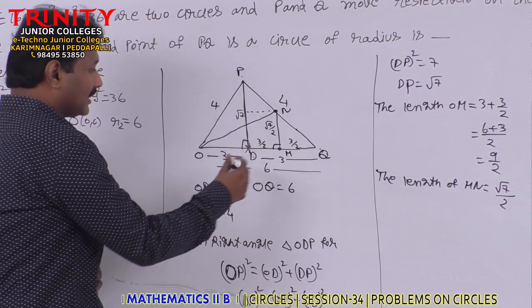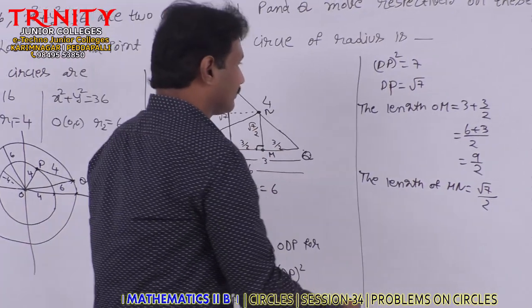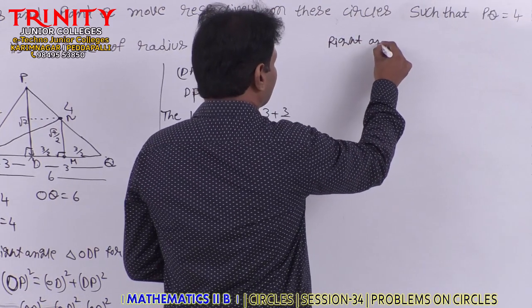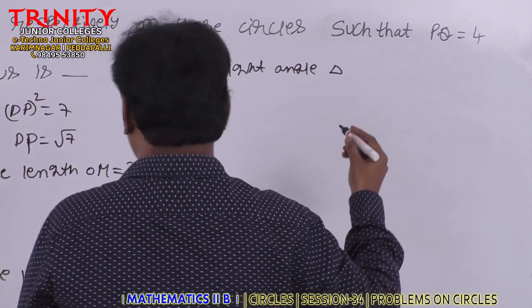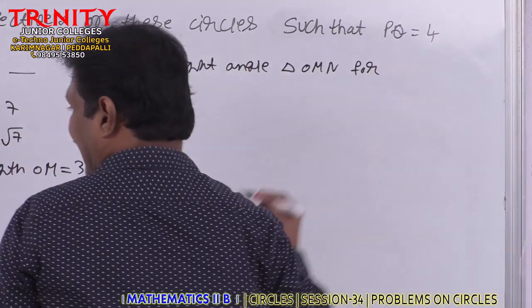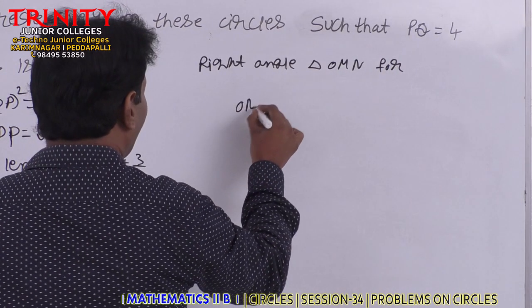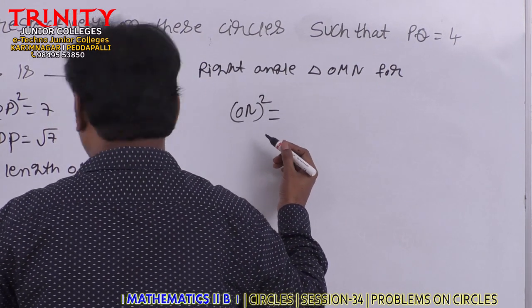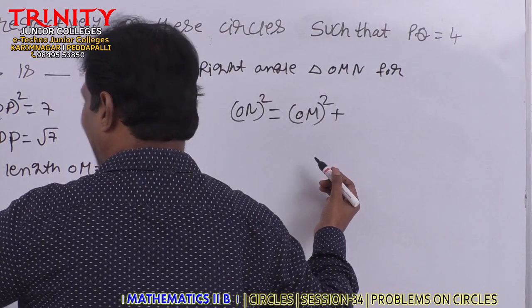This is also a right angle triangle. In right angle triangle ONM, the right angle opposite is ON, that is the hypotenuse. ON whole square equals, by Pythagoras principle, OM square plus MN square.